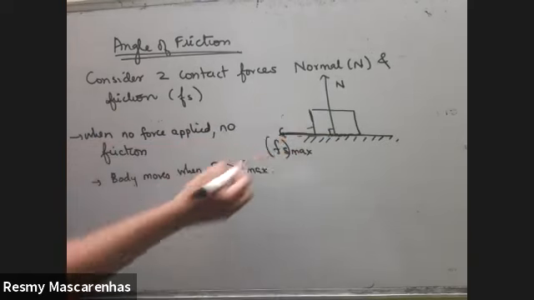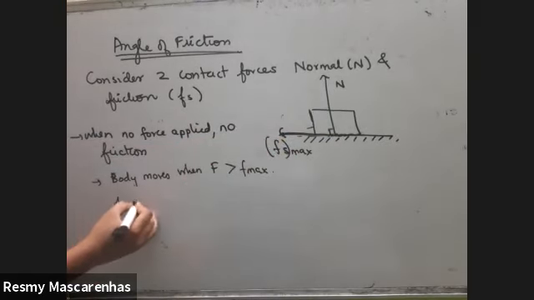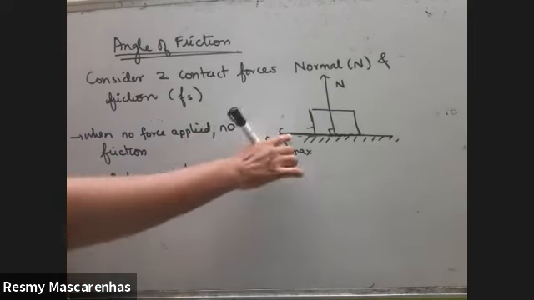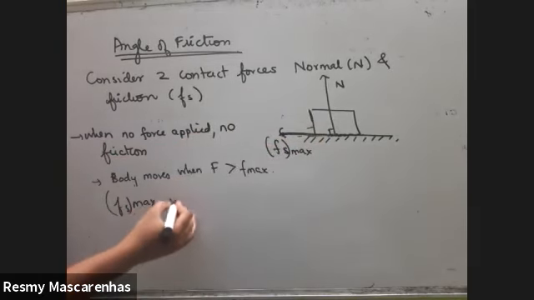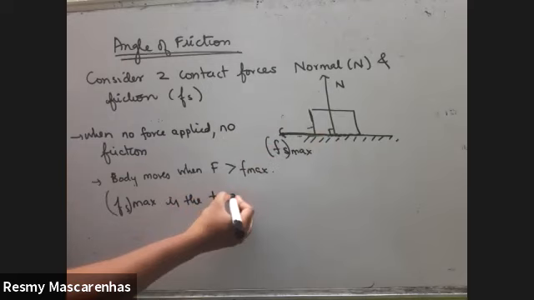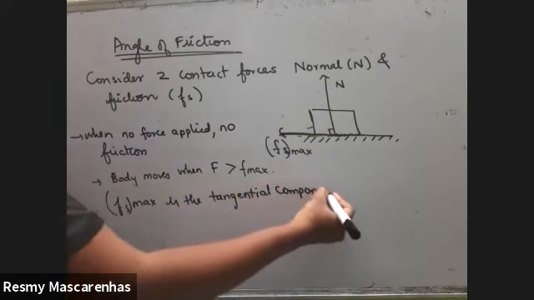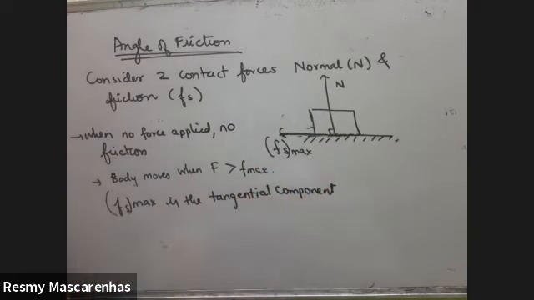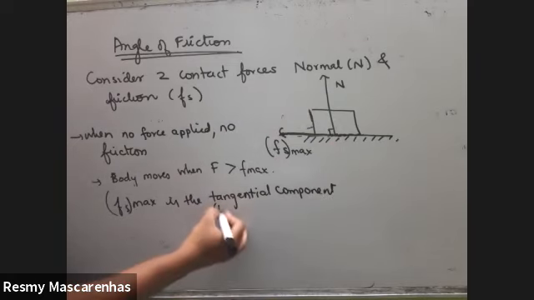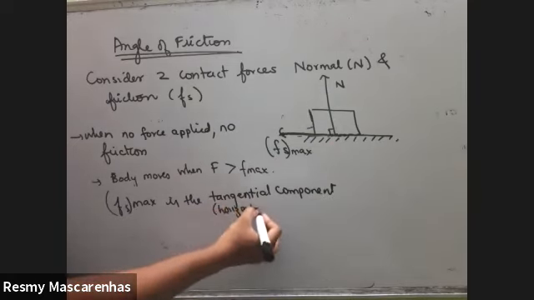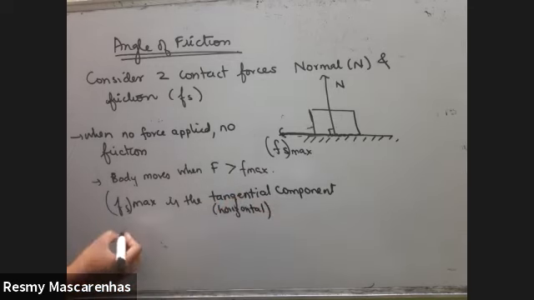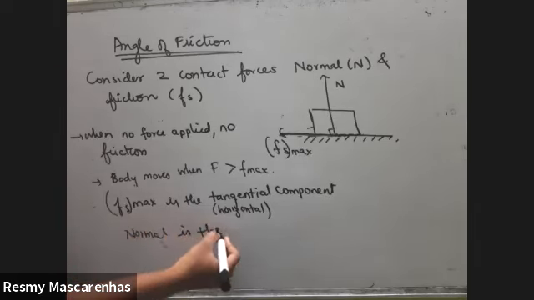So if you notice, f of s max is nothing but your tangential component, also called the horizontal component, and normal force is the vertical component.